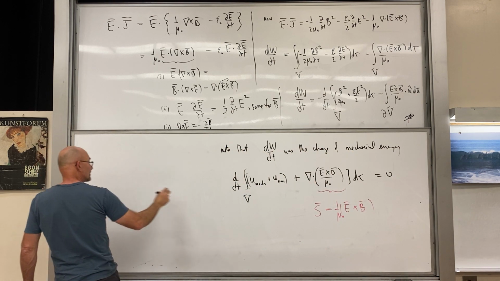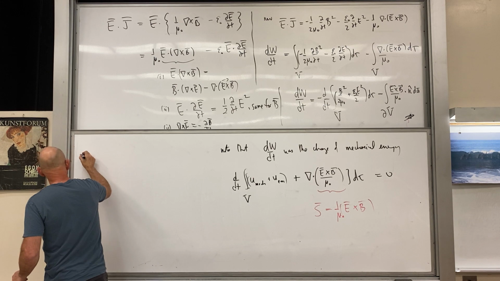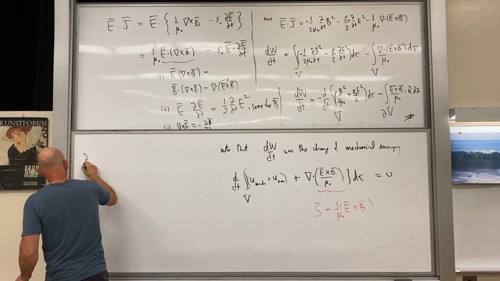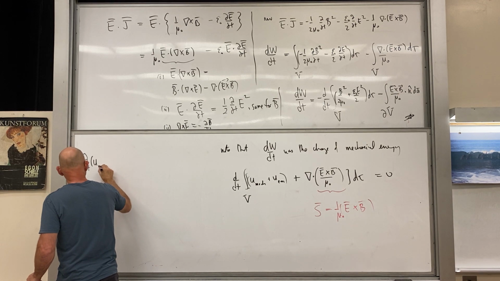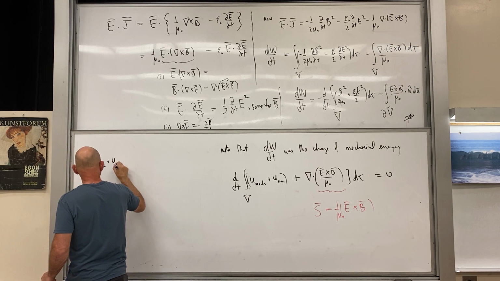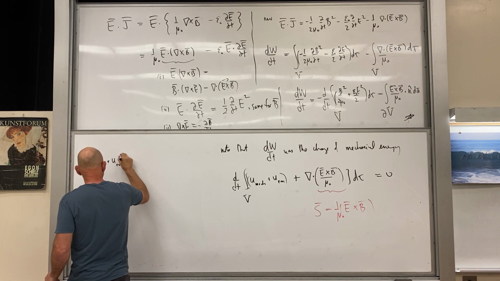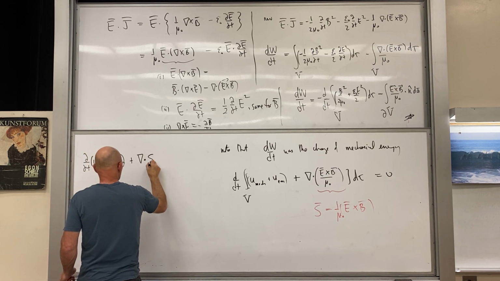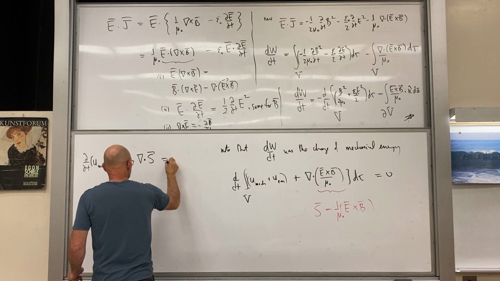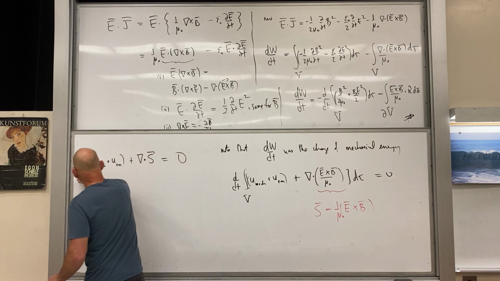And the integrand will have the following form. Coming out of here, we have ∂/∂t of U mechanical plus U electromagnetic plus the divergence of this Poynting vector S is equal to 0.